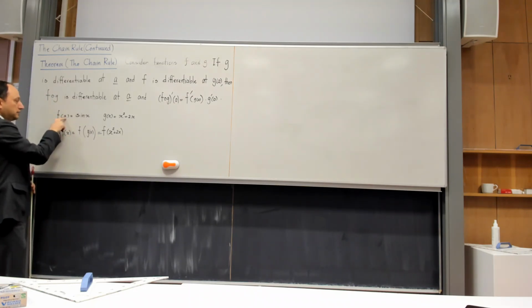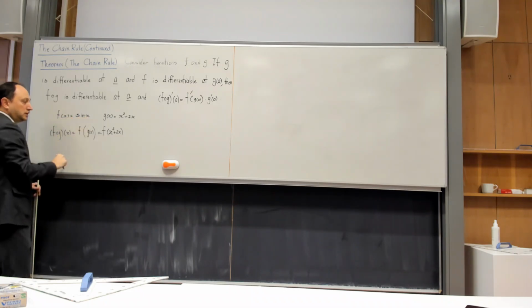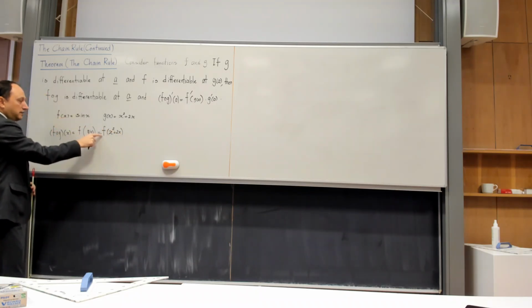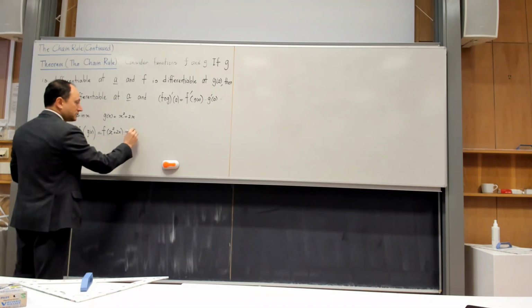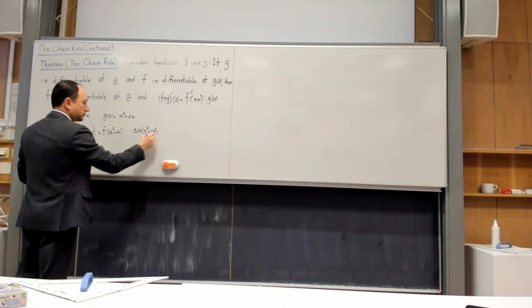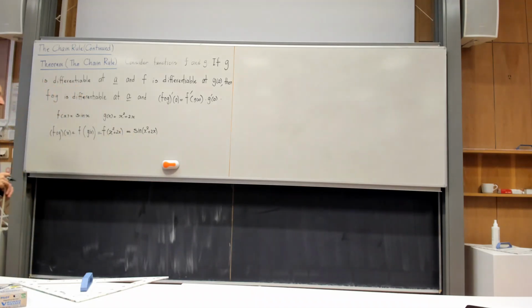Whatever you give to f as x, f will take the sine of that input and give it back to you. Now you are sending x² + 2x into this function. f will do the same thing. It will take the sine of this number and give it back to you. So that is what we learned.